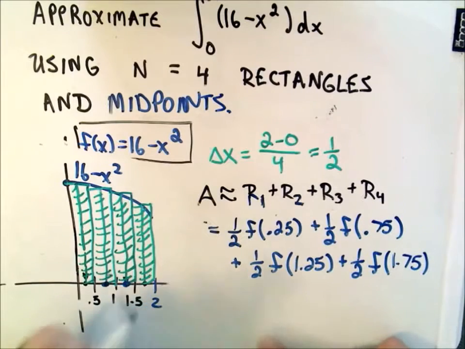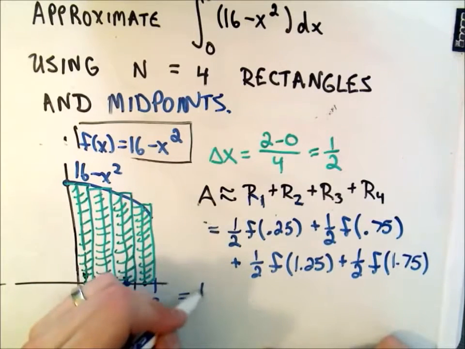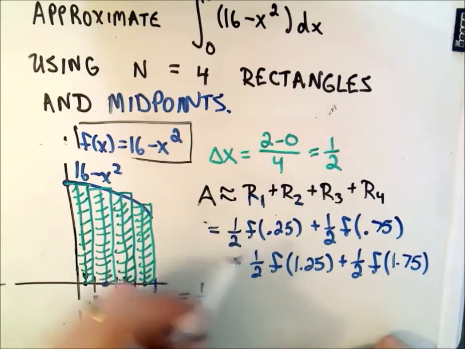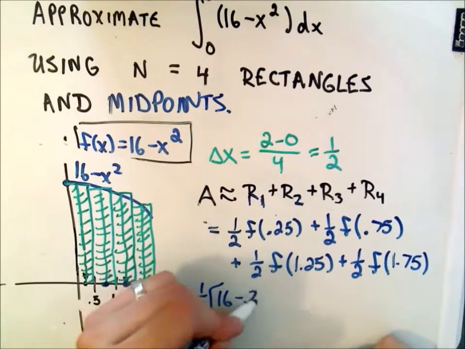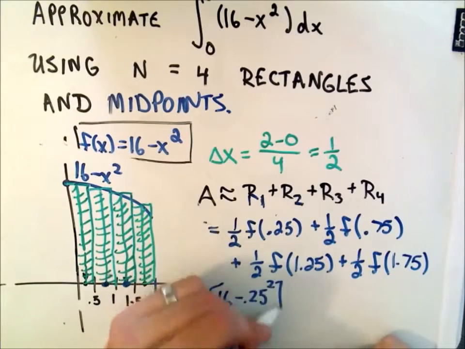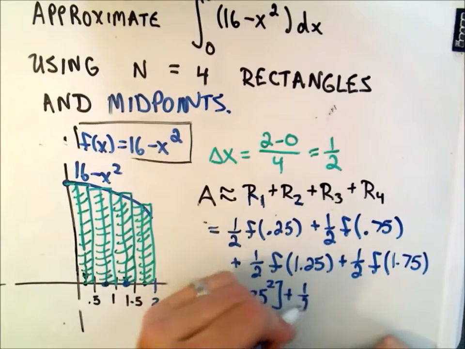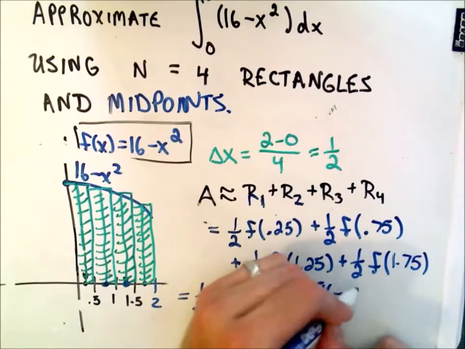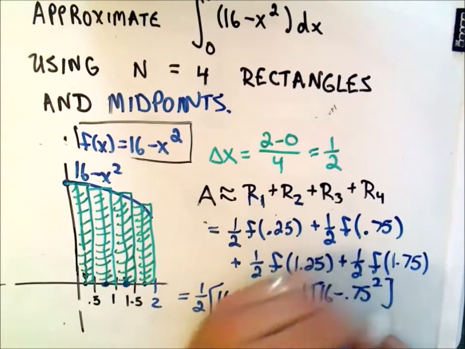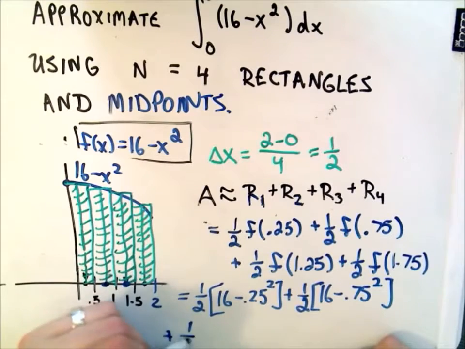And lastly, you would have to plug this in. This is where it would be real tedious. So 1/2, you would have to plug 0.25 into your function. So 16 minus 0.25 squared, whatever that is, plus 1/2, we plug 0.75 into our function. 16 minus 0.75 squared, plus 1/2.